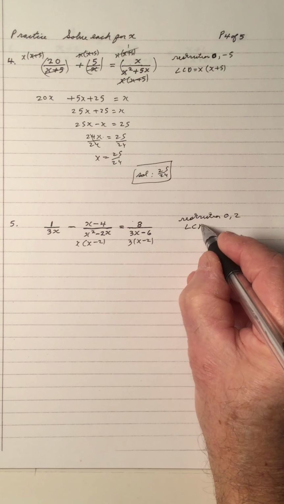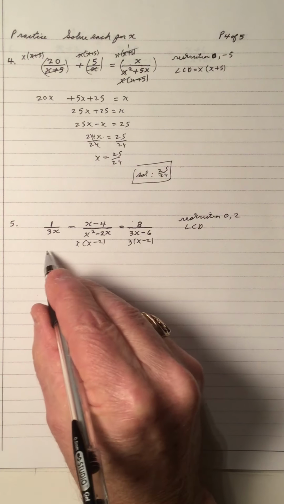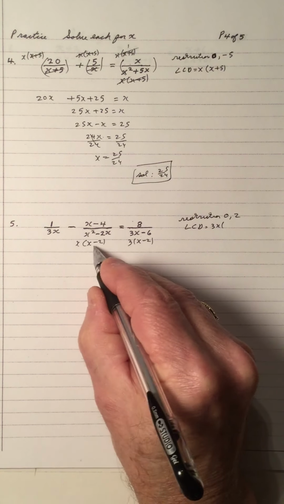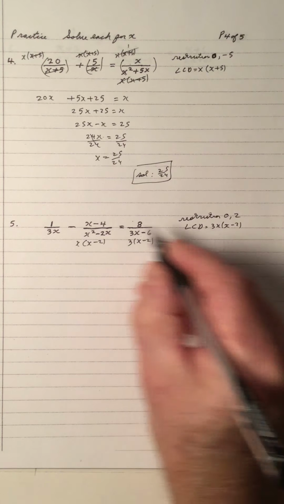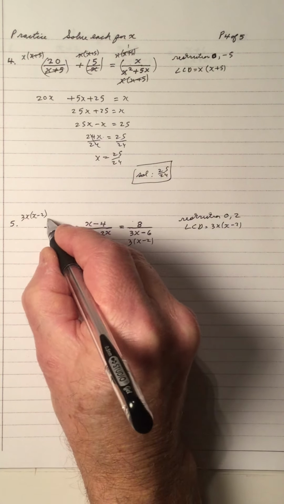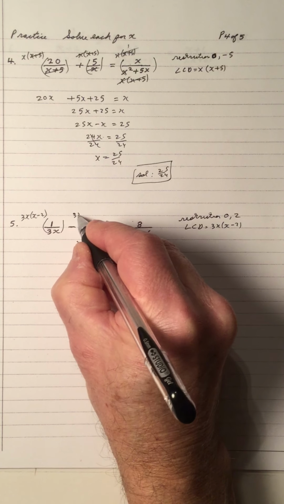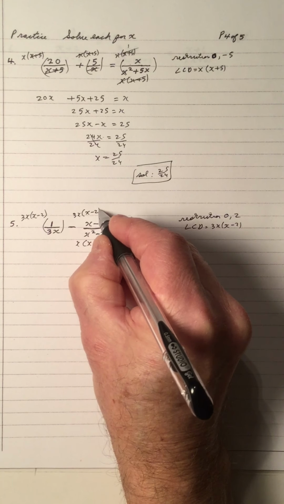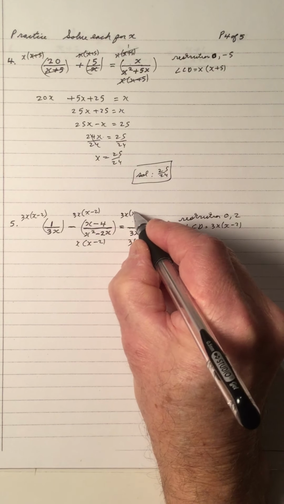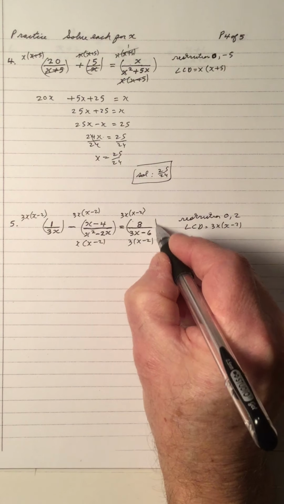The LCD is, I have a 3x times x minus 2. So I got a 3x times x minus 2 times the first one. I got a 3x times x minus 2 times the second one. And I got a 3x times x minus 2 times the third one.